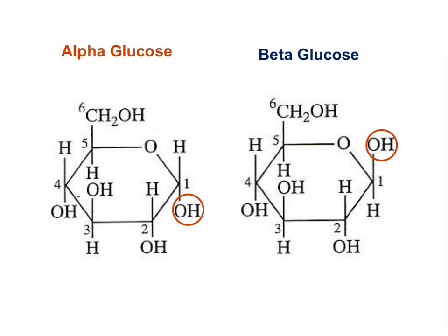Now, before moving to the next slide, where we will look at cellulose, composed of beta-glucose monomers, notice the position of the hydroxyl group on the number 1 carbon of beta-glucose and the position of the hydroxyl group on the number 4 carbon of beta-glucose. Watch carefully.